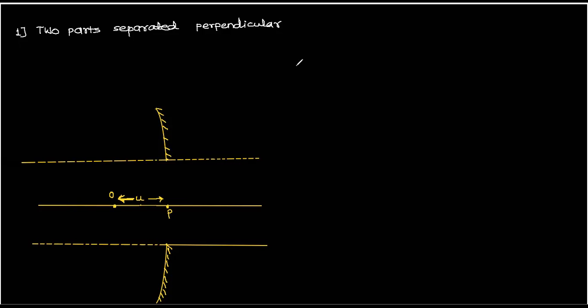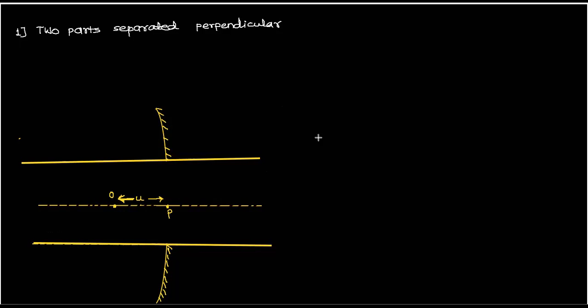Or else you can keep this as the actual line and this original line we will denote as a dotted one.